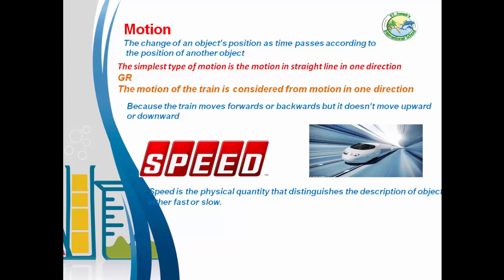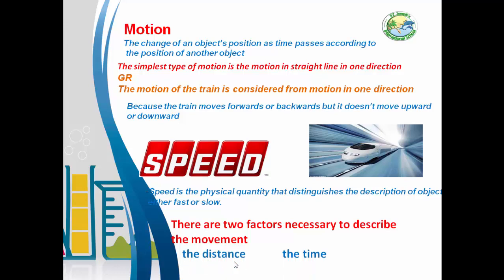So from these two exercises we can conclude the two factors that are necessary to describe motion. What are the two factors? Of course, distance and time.